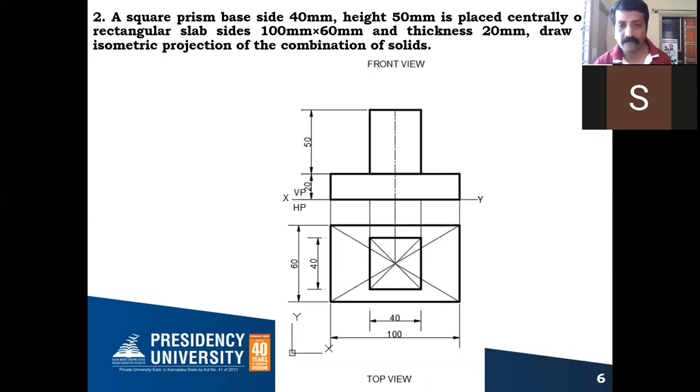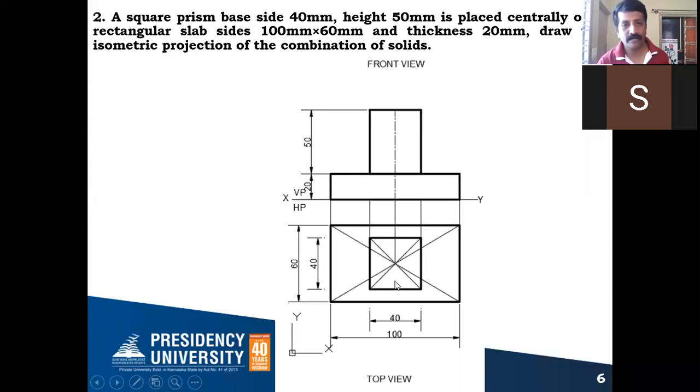Square from the center, if I consider, exactly divides, that is 20 millimeter you are going to get, correct? So what exactly you have to do now? From this center, on this horizontal line, 20 millimeter you take on the right side and left side and mark it. Similarly, on the vertical line, you take 20 millimeter and mark here and 20 millimeter mark it here.